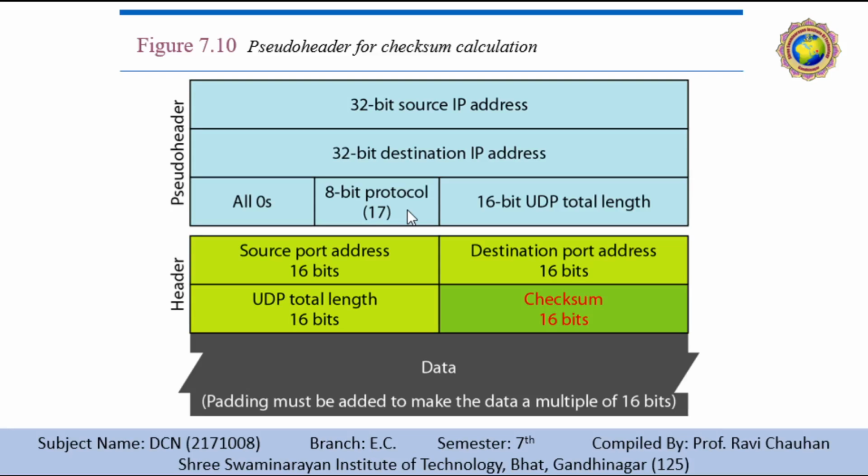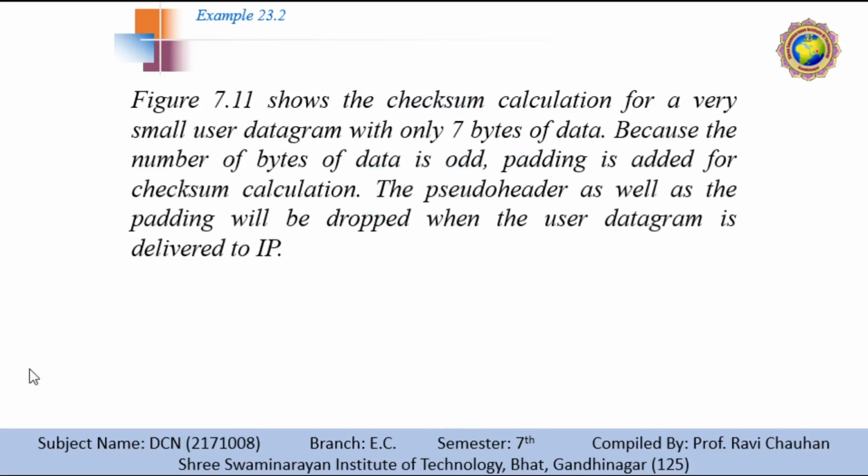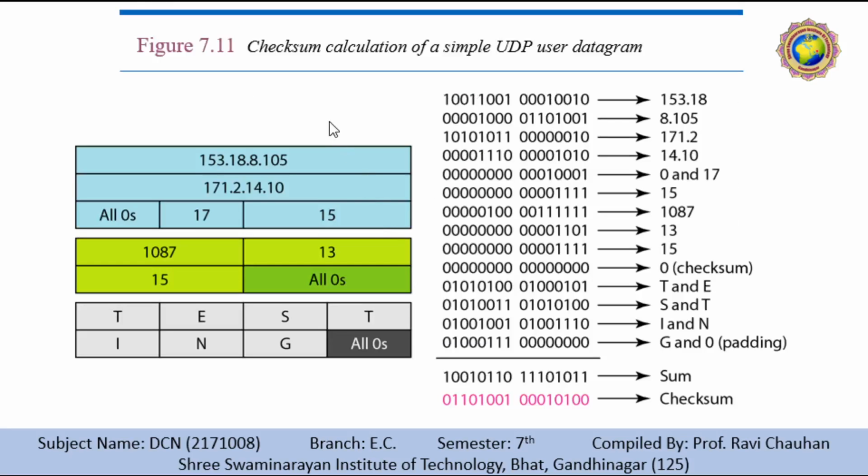Note the similarities between the pseudo header fields and the last 12 bytes of the IP header. Let's have an example. The figure shows the checksum calculation for a very small user datagram with only 7 bytes of data.